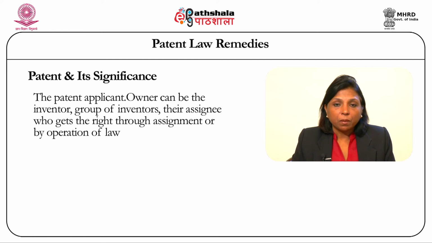The patent rights can also devolve to the legal heir of the patent owner. So, if there was a person who had a patent right and he was a patent holder, on his demise, the rights by operation of law can devolve to his legal heir and he becomes the patent owner.